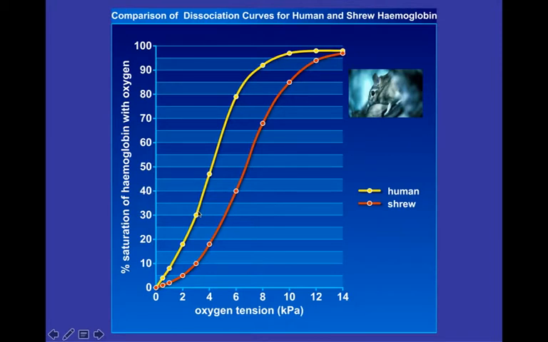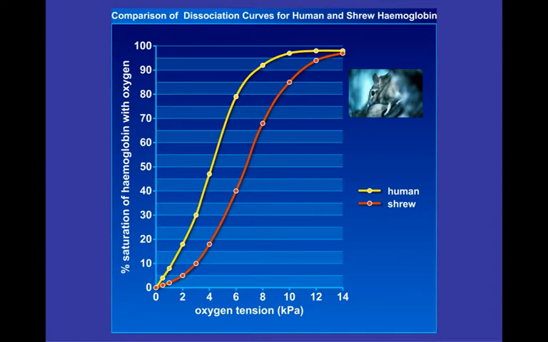In terms of metabolic rate, what we've got here is a curve for a shrew. The shrew is obviously much smaller than the human. For this organism, it's shifted to the right. So what you should be referring to is the fact that it's able to disassociate at a higher partial pressure.